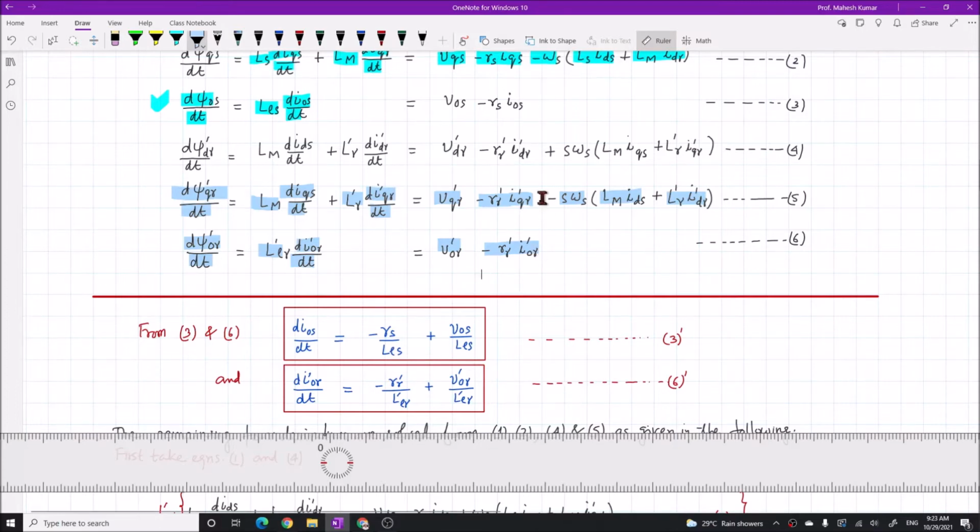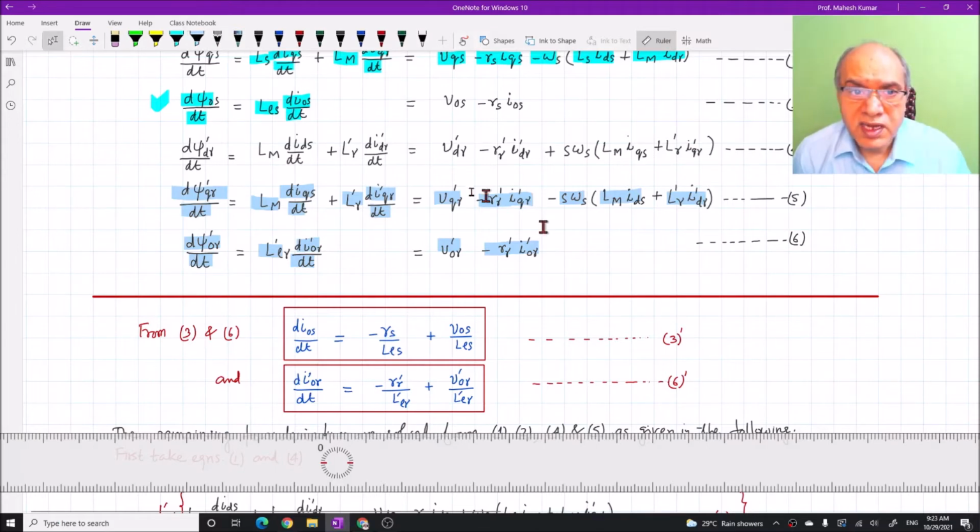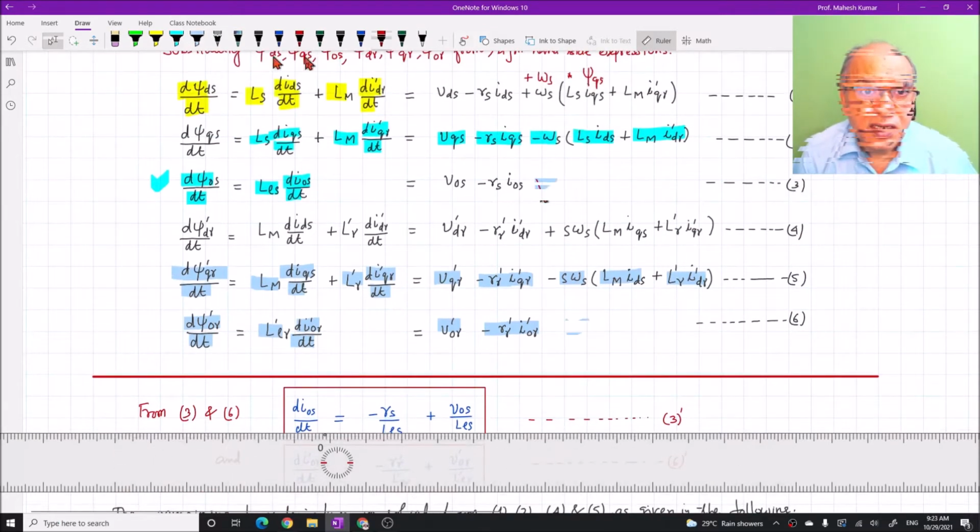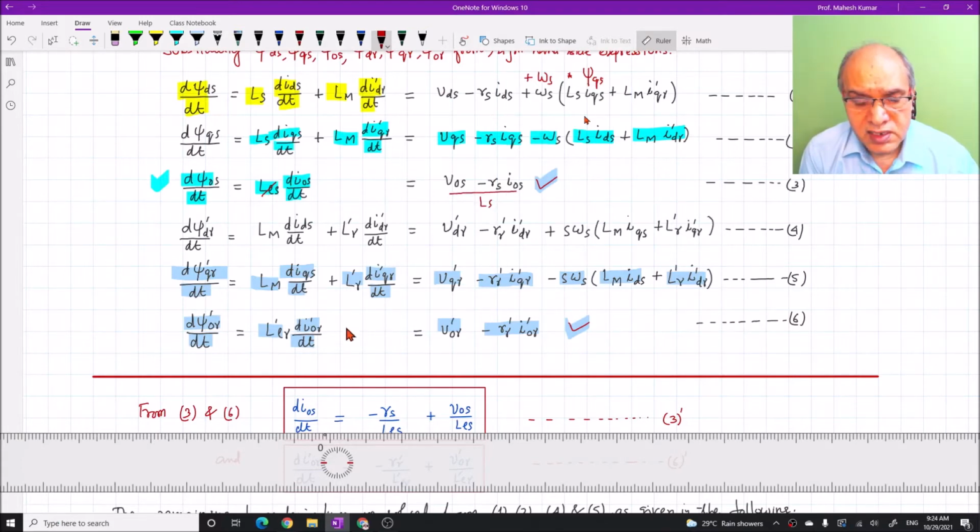As far as the equations number 3 and 6 are concerned, there is no issue because they are the simplest in nature. So we can simply express di0s by dt as this thing divided by Lls, and similarly the first order derivative of i0r dash becomes this divided by Llr dash.